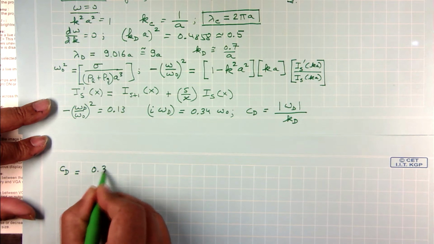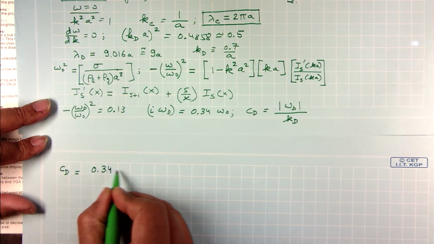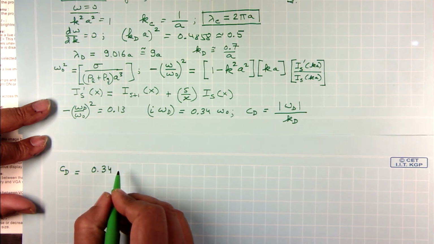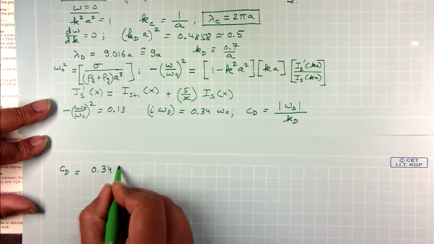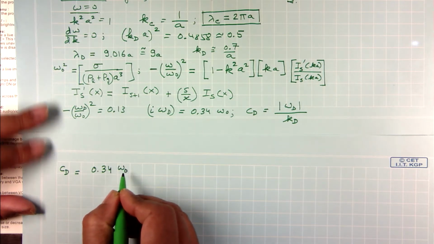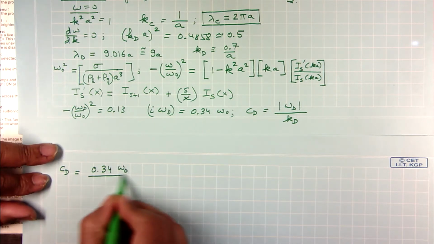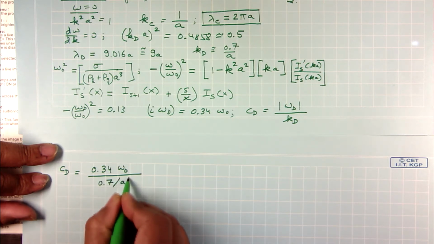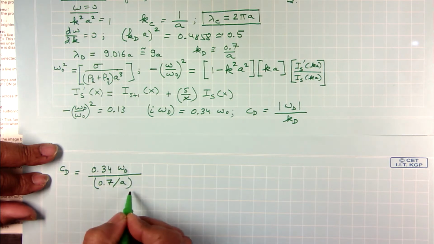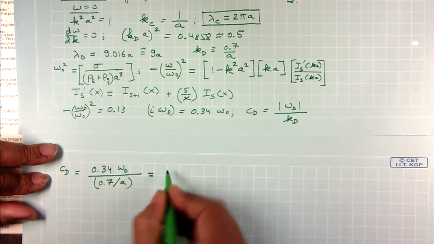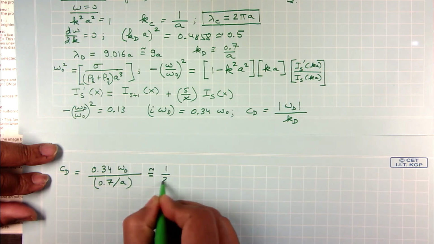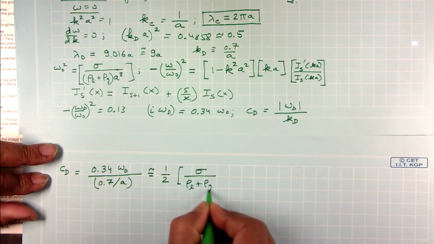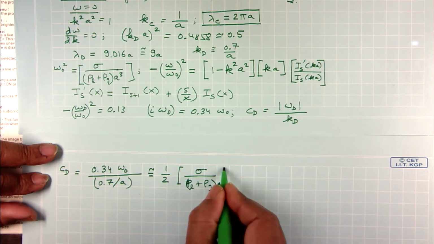So, I end up with C d is equal to 0.34 omega naught divided by 0.7 divided by A, that is my omega by k d. And so, I end up with a value that is approximately half times sigma divided by rho L plus rho g times A to the power of half.